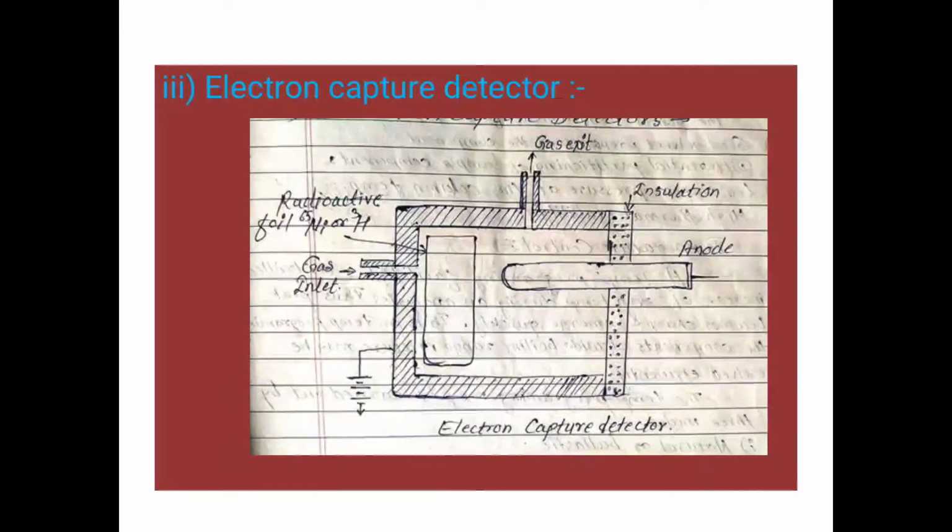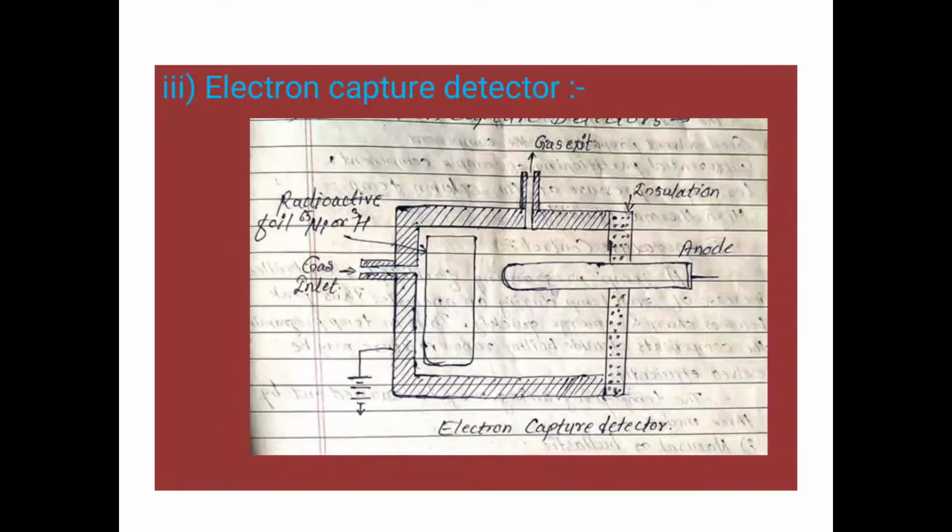And the last one is the electron capture detector. This is the diagram for the electron capture detector, and the electron affinity of different substances can be used as the basis for the ionization detector. These detectors are also known as electron capture detectors.